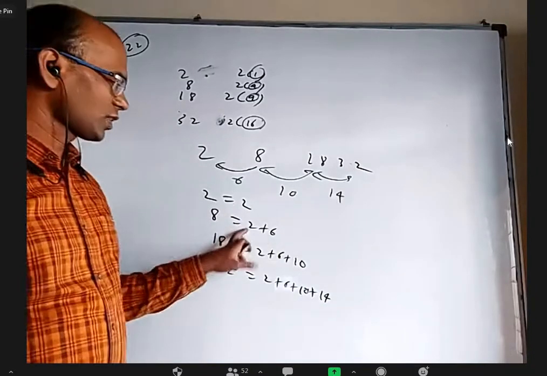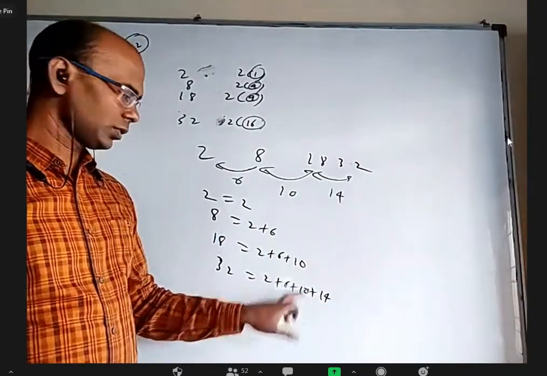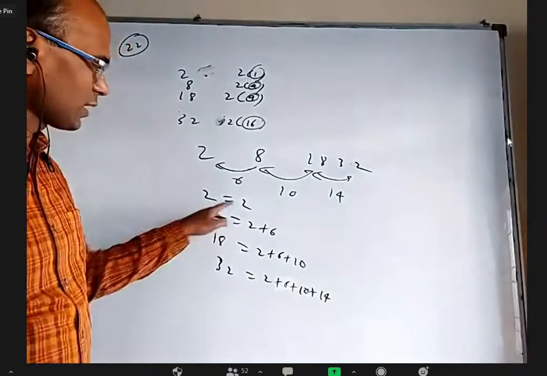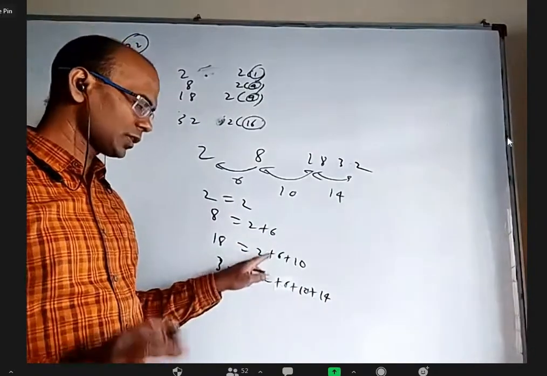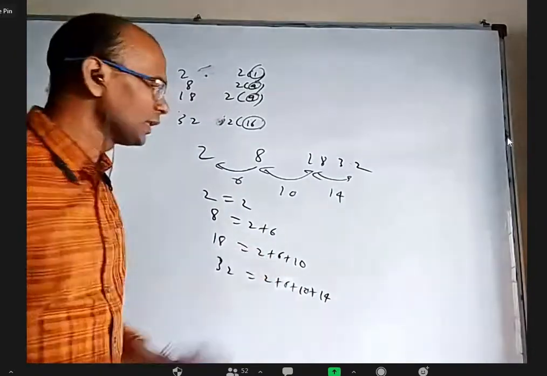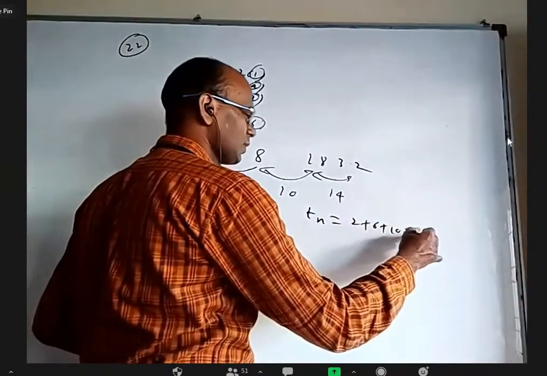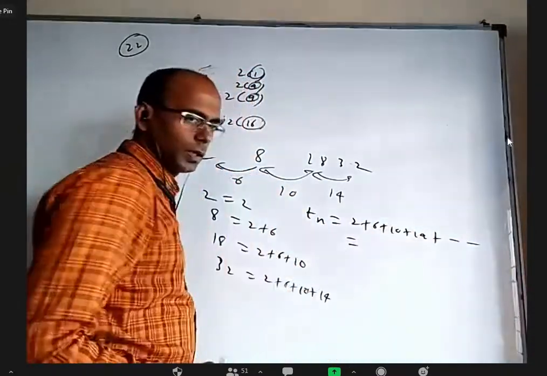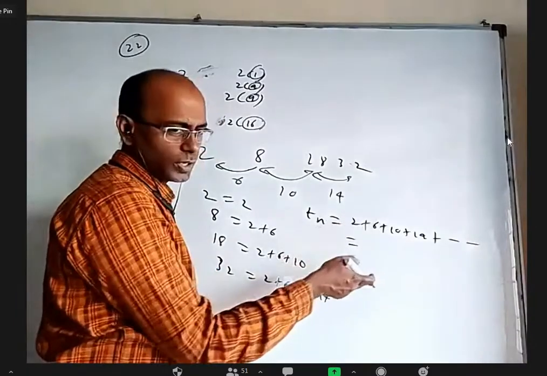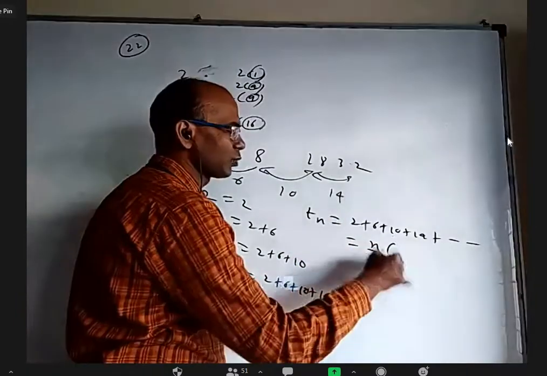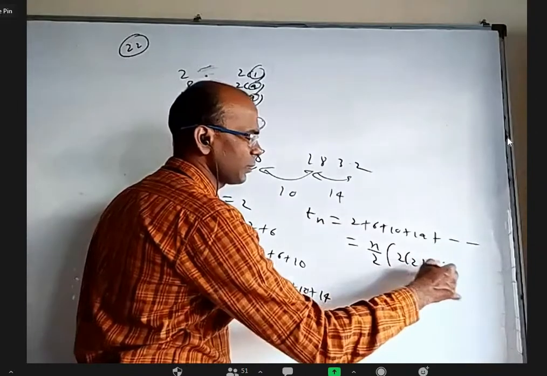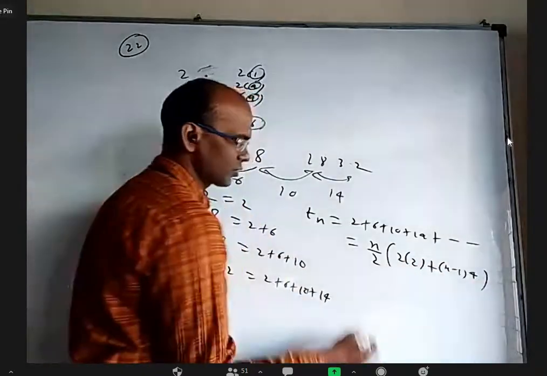So you can see for this we added 4 here. For this we added 4. So your nth term, this is 1 term of an AP, this is 2 terms of AP, this is 3 terms of AP, this is 4 terms of AP. The nth term itself will be n terms of AP: 2 plus 6 plus 10 plus 14, and so on. The first term is 2 and common difference is 4 and n terms. So n by 2 into 2a plus n minus 1 into common difference 4.